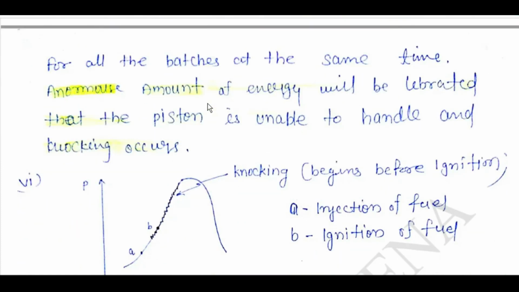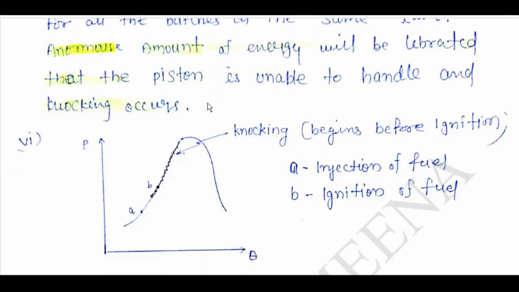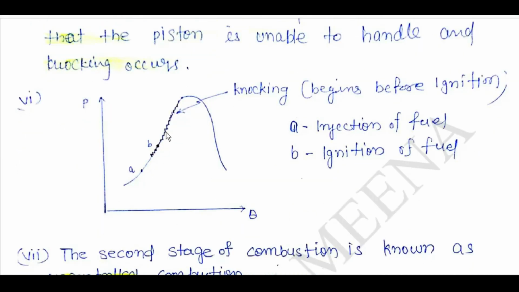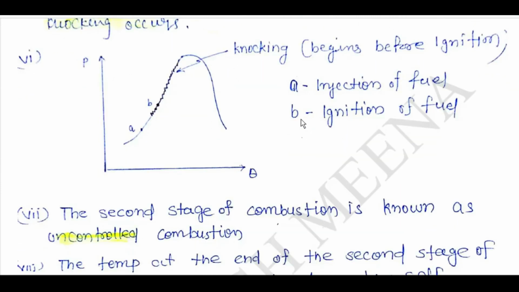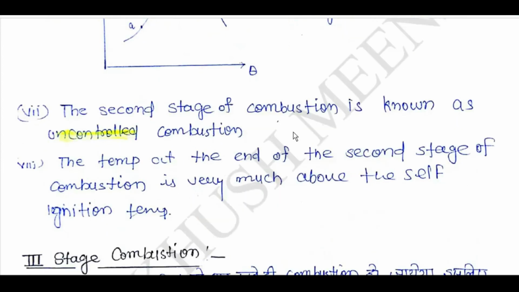Enormous energy will be liberated that the piston is unable to handle, and knocking occurs. Knocking here begins between A, injection of fuel, and B, ignition of fuel. The second stage of combustion is known as uncontrolled combustion.